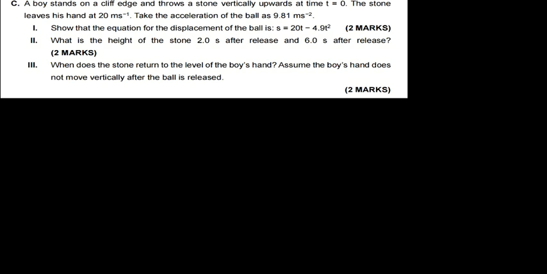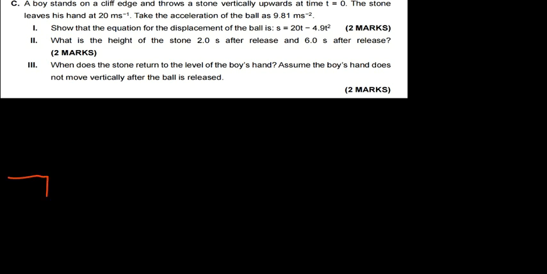Part C is now coming from the third case, but it's not really complicated because we have not been given an angle. A boy standing on a cliff edge throws a stone vertically upward at t is equal to 0. Let's first come up with a free body diagram.